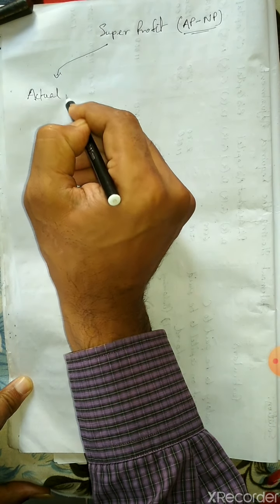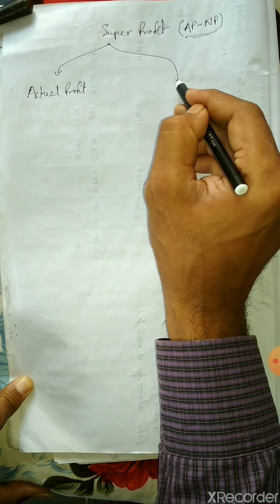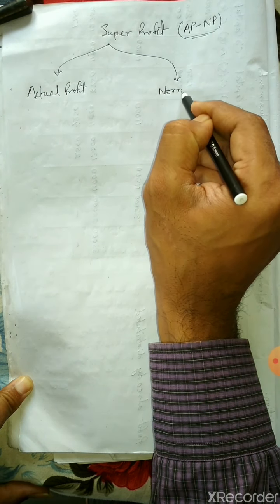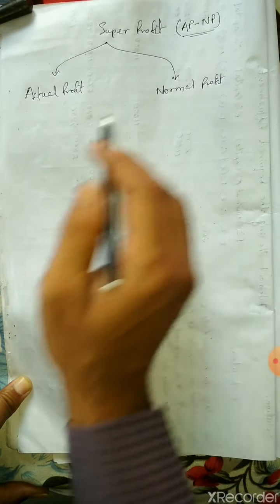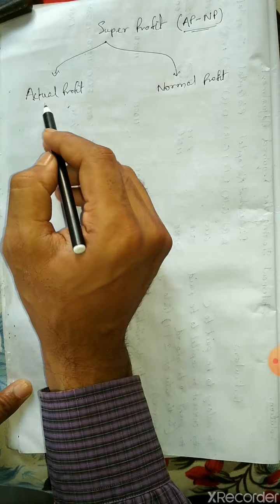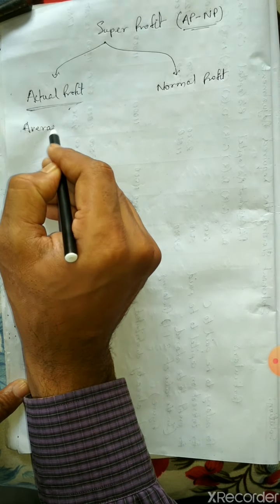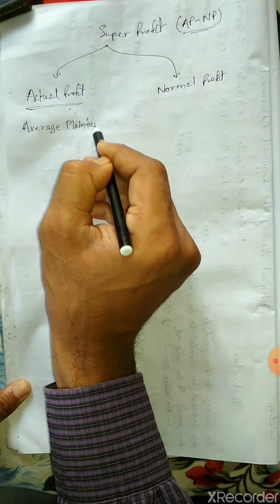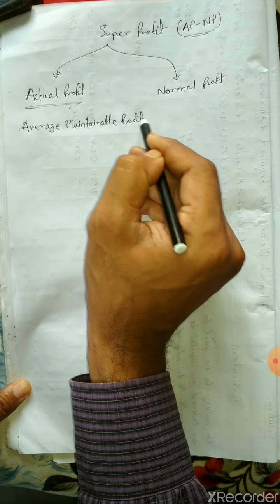So two things you need to have to calculate super profit. First thing is actual profit and another thing is normal profit. In some sums both the things may be given, and otherwise you have to calculate. The first case may be that it is not given, and sometimes it is given with the name of average maintainable profit.